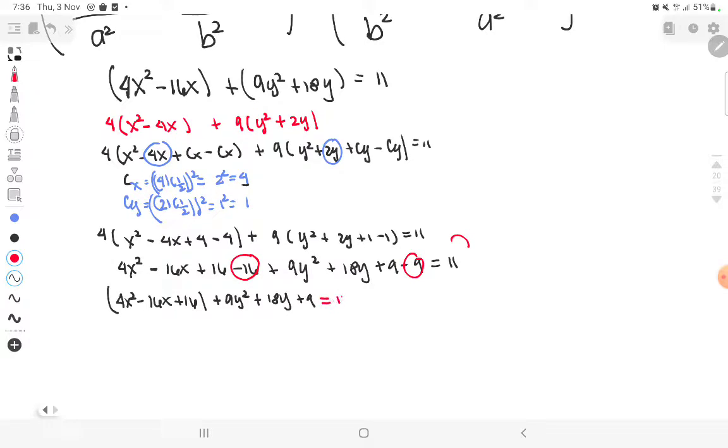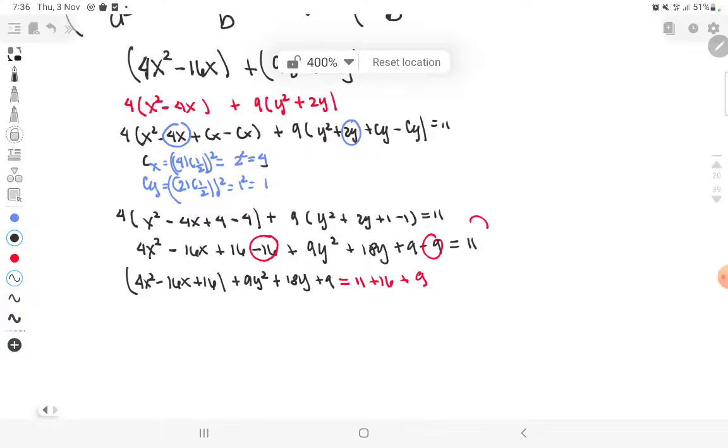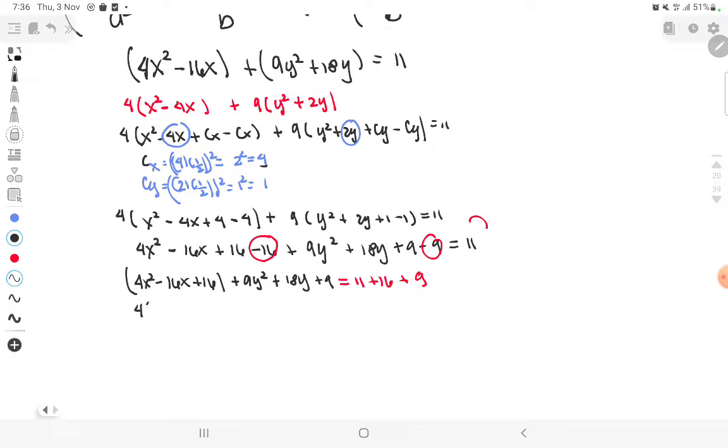So I will have 11 plus 16 plus 9. Now again I will factor out my 4: 4 multiplied by (x squared minus 4x plus 4) plus 9 multiplied by (y squared plus 2y plus 1), which is equal to 36. 11 plus 16 is 27, plus 9, you have 36.